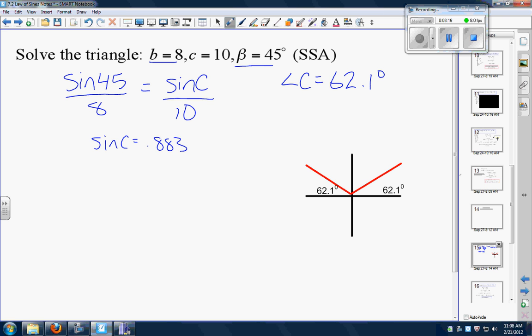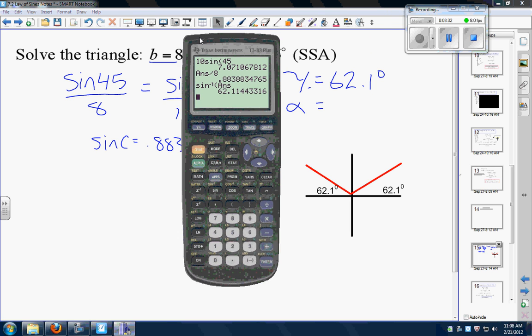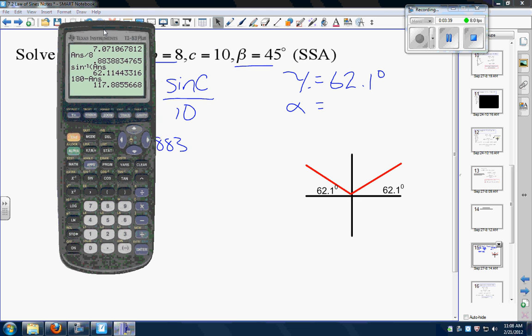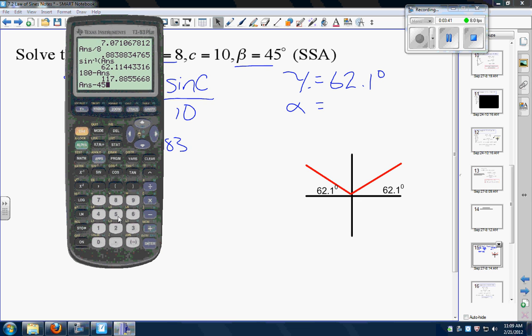Now, if you just want to go ahead right here and finish the rest of this triangle, you can. So that means angle A here, well, I guess we should use the notation we've been consistent with. Take that away. Also take away the B you originally had. Angle A is 72.9.